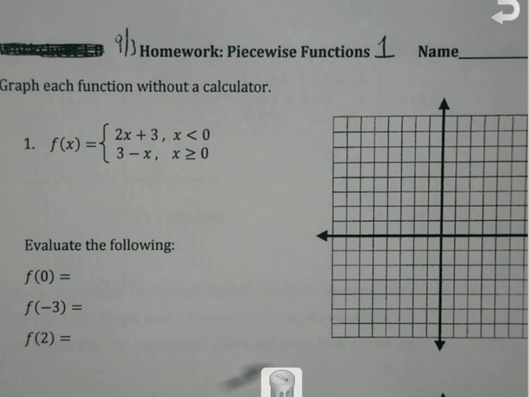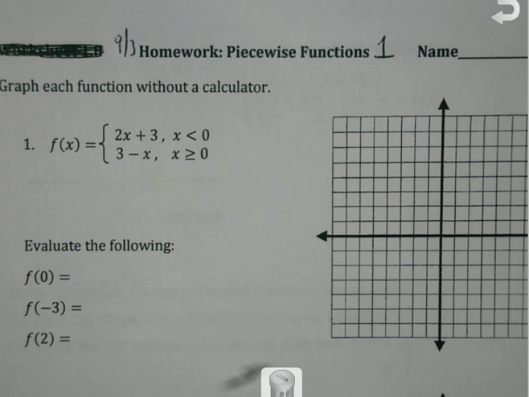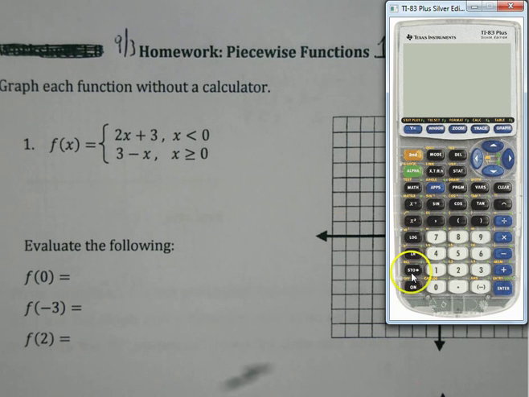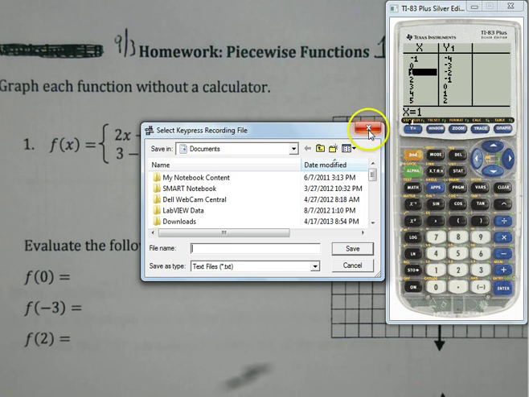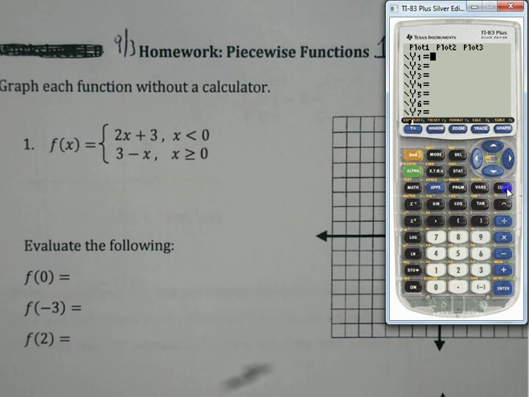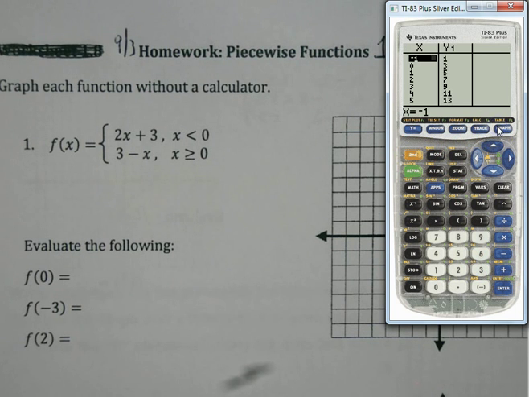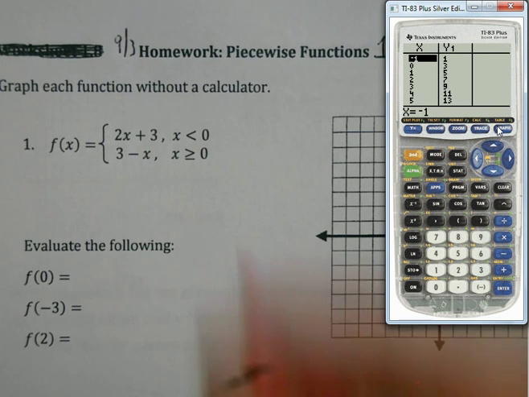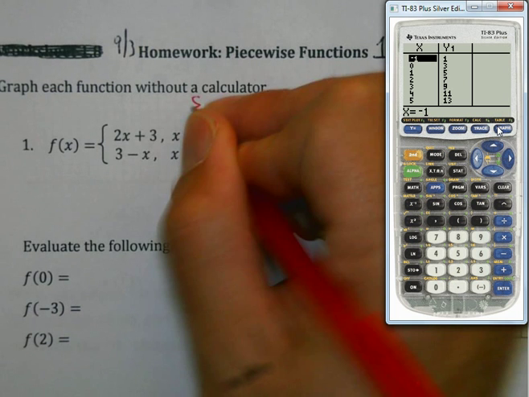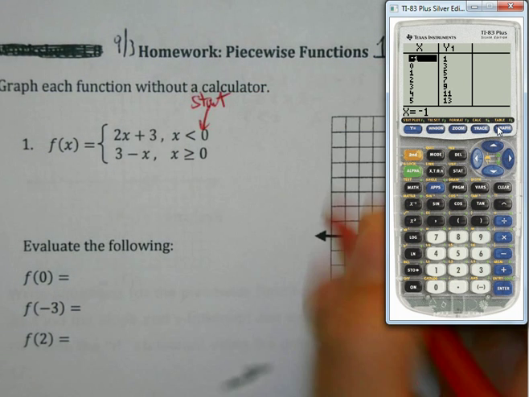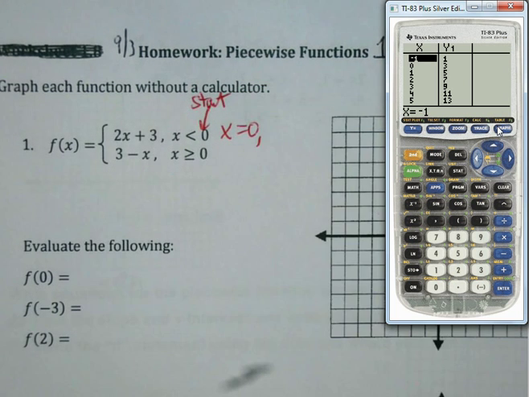So, just like we've been doing, we're going to go ahead. Get our equation typed in. Get my chart up. Okay. We're starting our line at 0. So 0, x is less than 0.